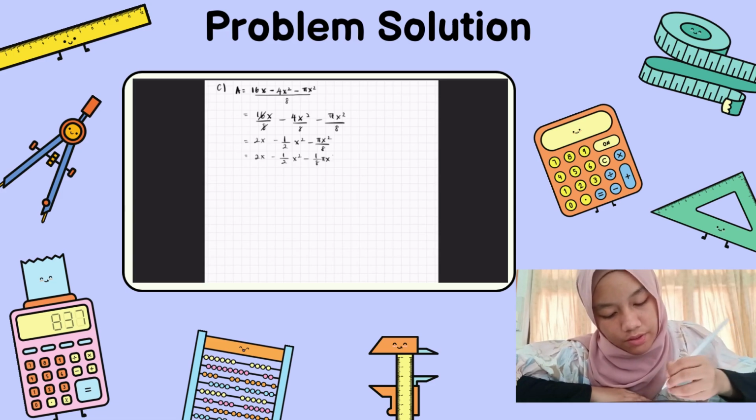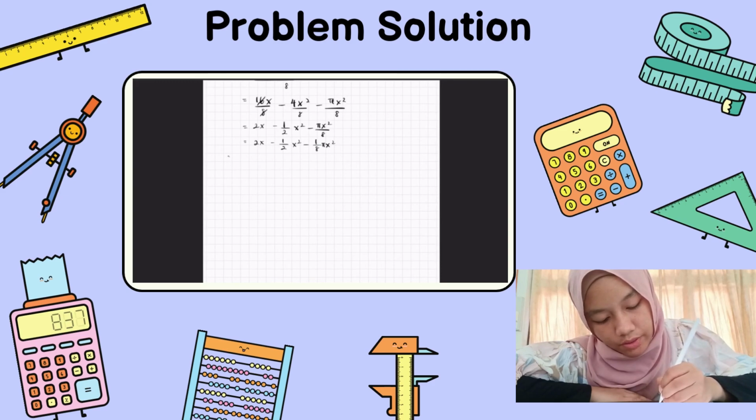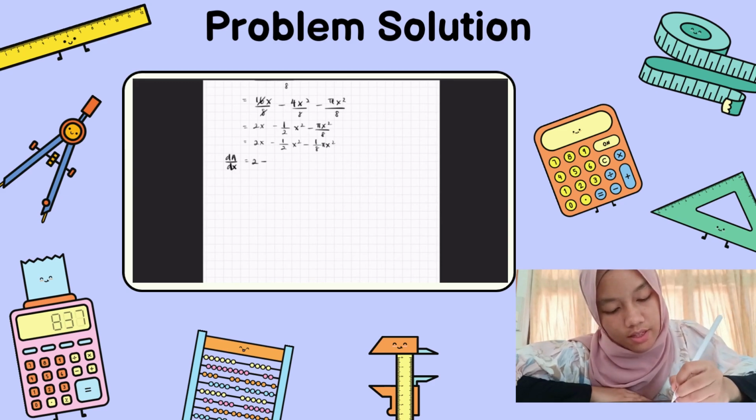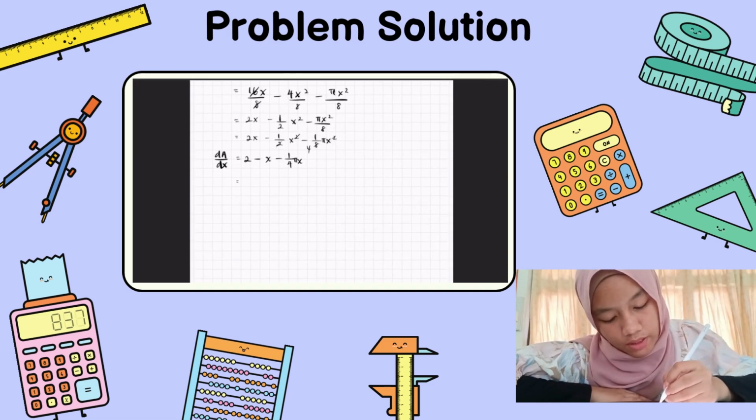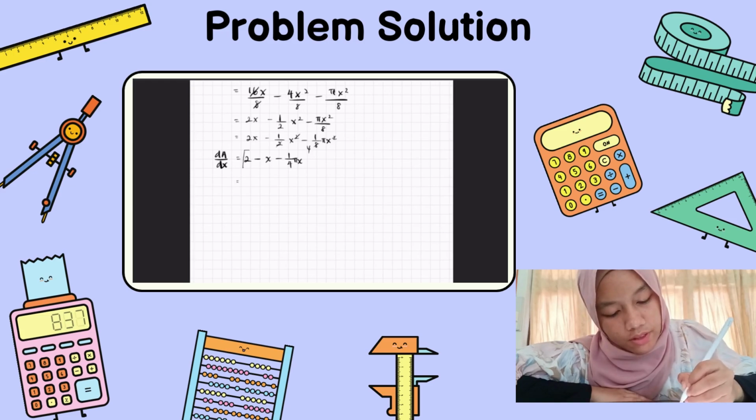Here is the differentiation of the equation. We got 2 minus x minus 1 over 4 pi x. Here we want to use the common denominator, so we multiply by 4.